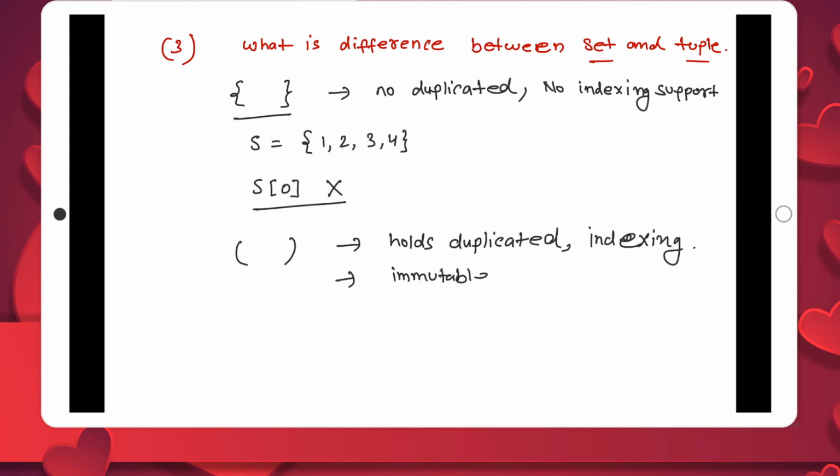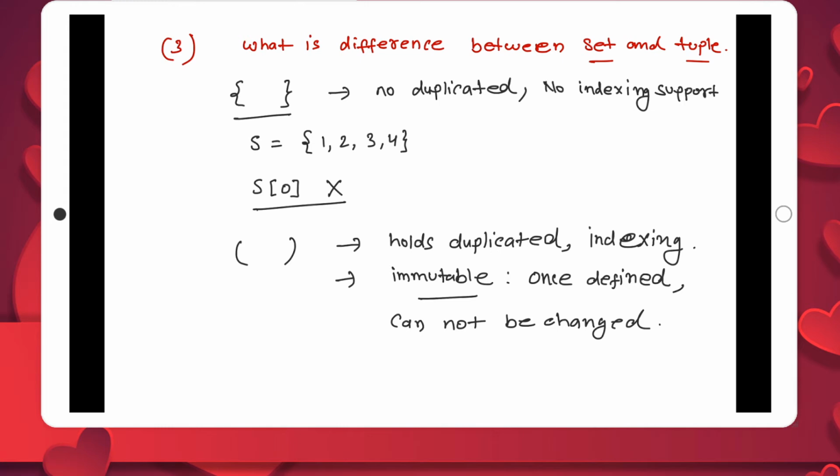Immutable means once it is defined, it cannot be changed. So this is the basic difference between set and tuple.